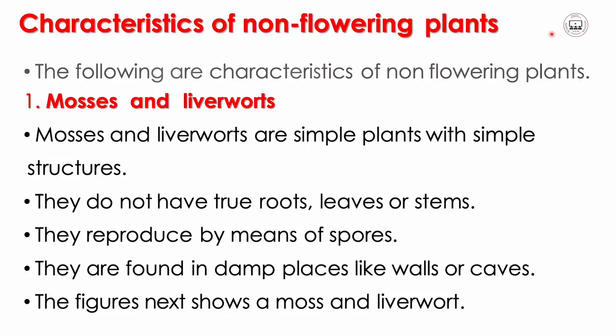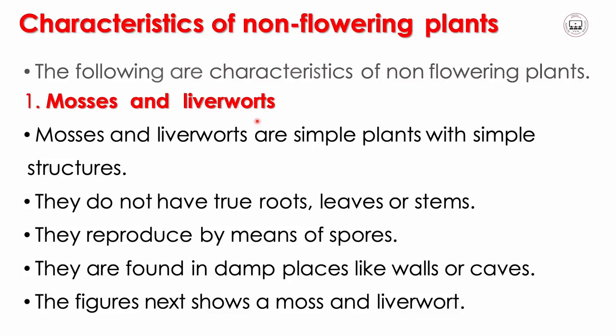There are so many non-flowering plants, but we will discuss the characteristics according to the type of plant we are dealing with, because all these plants survive in different kinds of environments. With these differences, they have different characteristics. But the common characteristic is that none of them produce flowers. Now, we'll start by discussing the characteristics of the mosses and the liverworts.